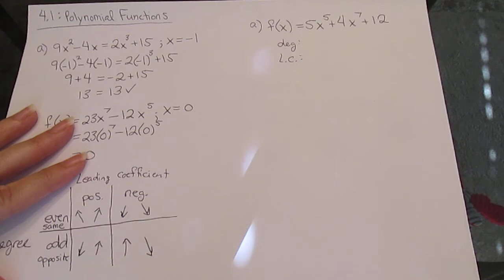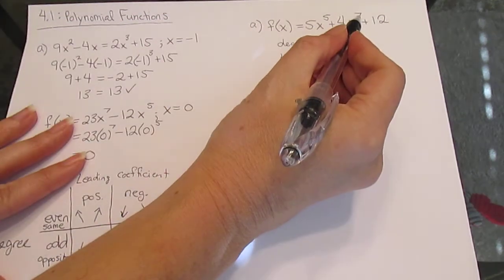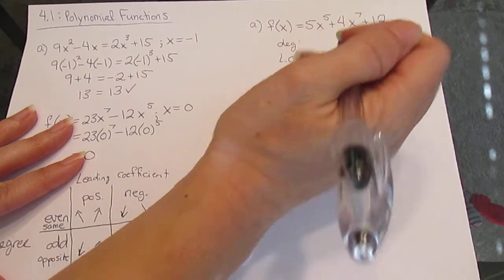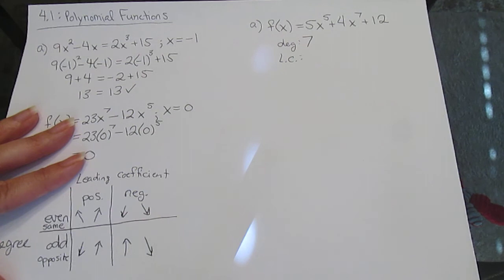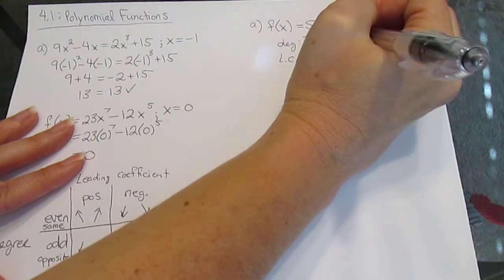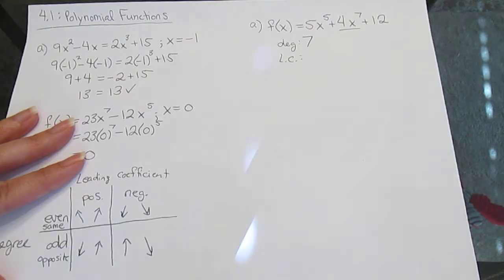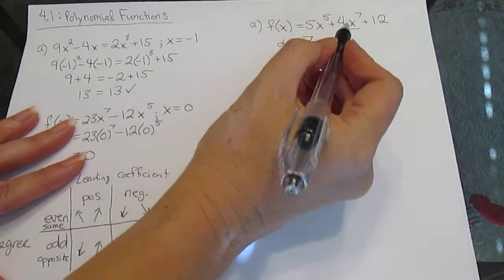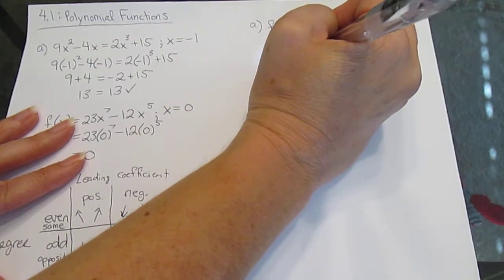Well, remember, for the degree, you're looking for the highest exponent. My highest exponent here is 7. It might not be in order, so make sure you look through the whole problem and find the highest exponent for your degree. My leading coefficient is connected to the term that has the highest exponent. So the leading coefficient is 4 in this case.